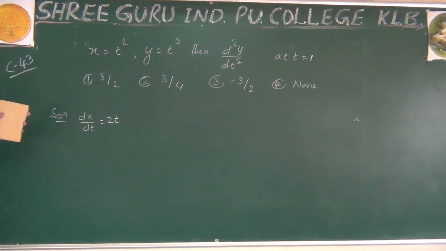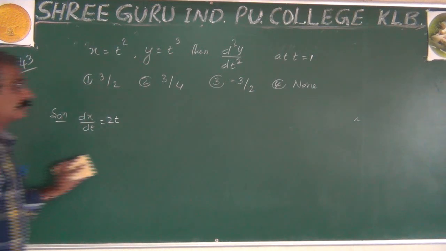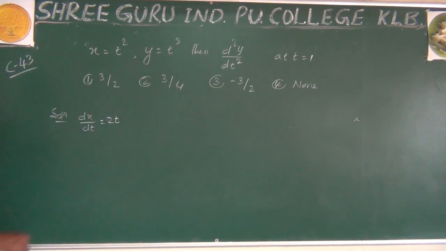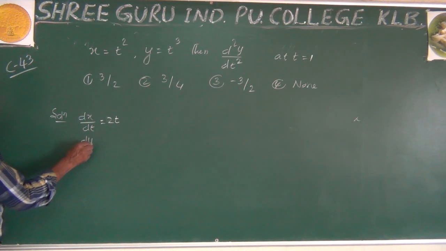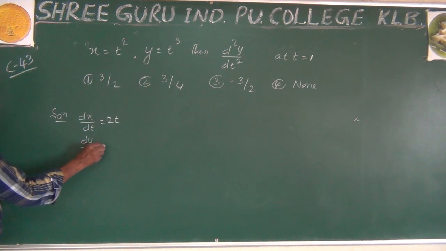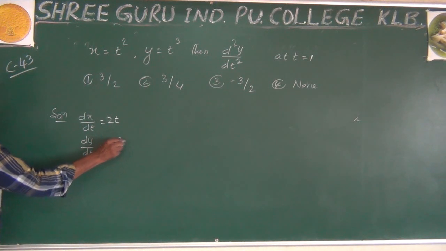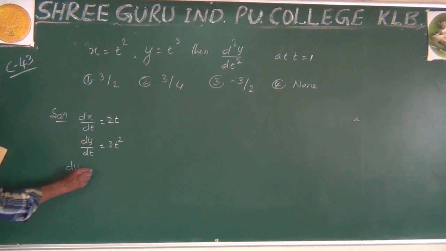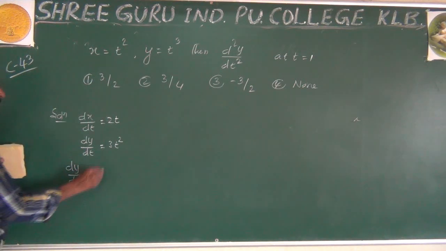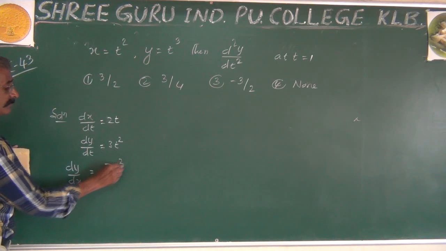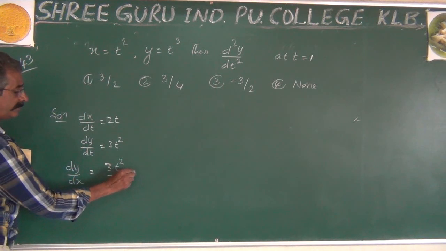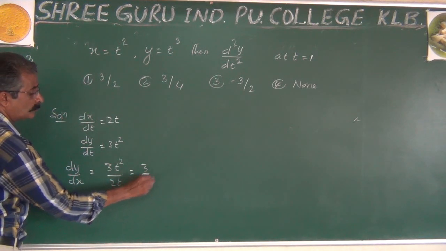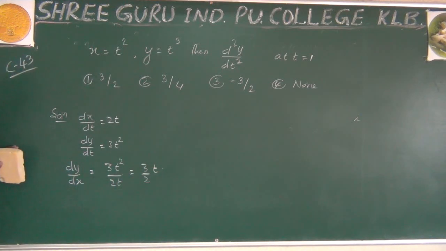Now that the concept is known, you have to go a little bit faster. And at the same time, dy by dt becomes 3t square. And the dy by dx formula: dy by dx is dy by dt divided by dx by dt, meaning 3t square divided by 2t. This is dy by dx.